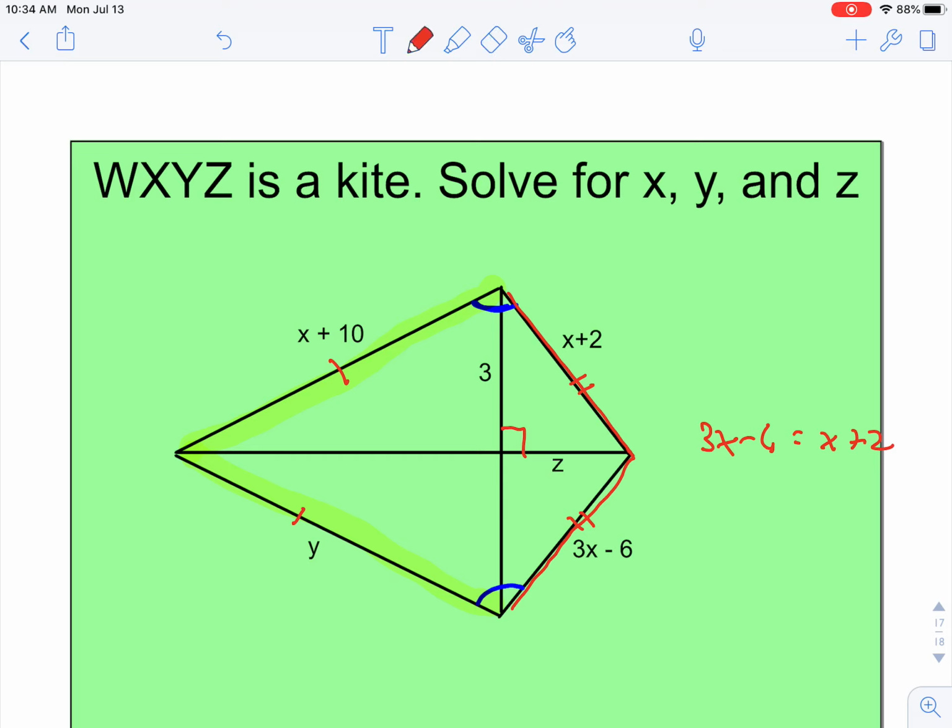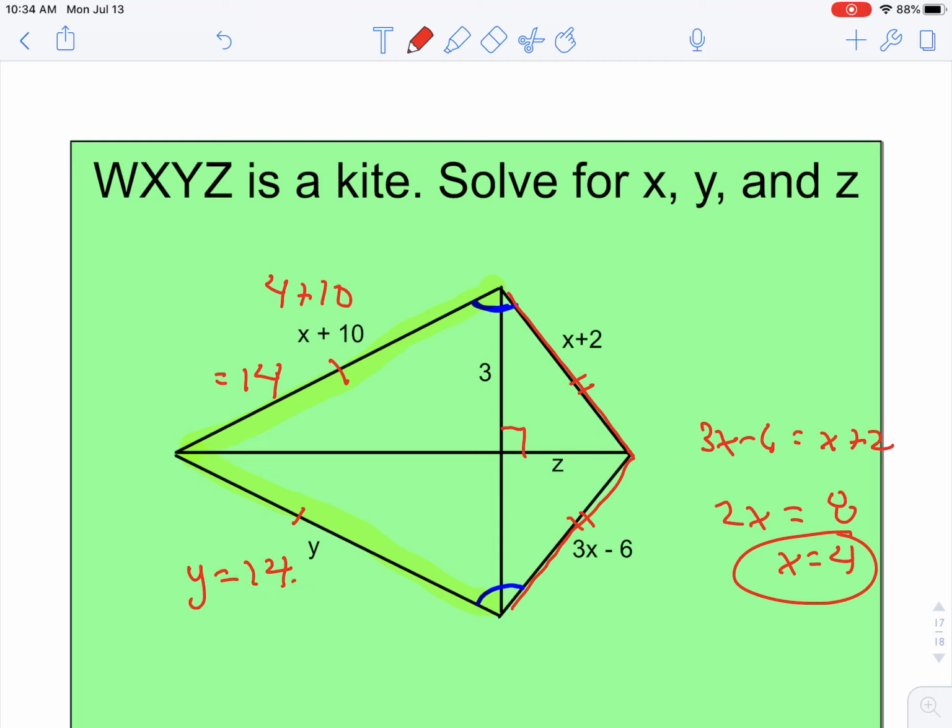When I subtract x from each side and move the other values over, I get 2x equals 8, so x equals 4. There's one of the values. Now that I know my x is 4, I can put it in over here: 4 plus 10 equals 14. So that side is 14, so y is equal to 14 units.